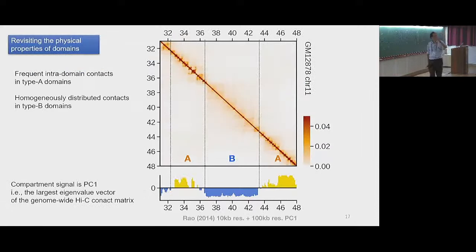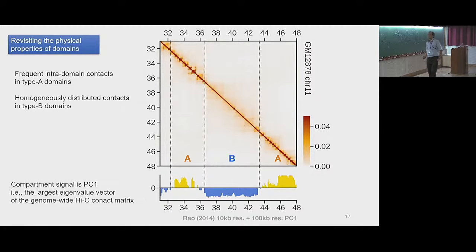And we simulated the type A and type B domains with this model. And this is the Hi-C pattern for type B domain and type A domain. We found many intra-domain peaks, contact frequencies, in type A domain, and we have a rather homogeneous contact distribution in type B domain.